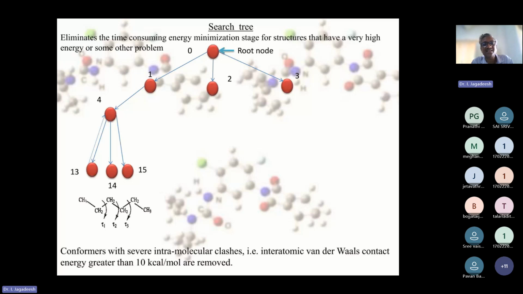So you are searching within the molecule, taking each branch and going further down, and whatever conformations have van der Waals forces greater than 10 kilocalories per mole, we remove them because they are high energy states. We don't consider them for this conformational search so that our load will be less. This is the third method that we are going to use as a major input.